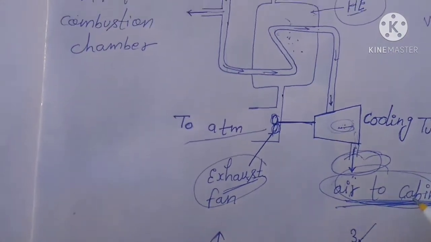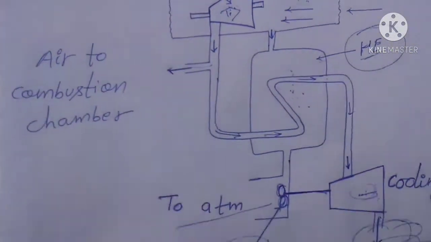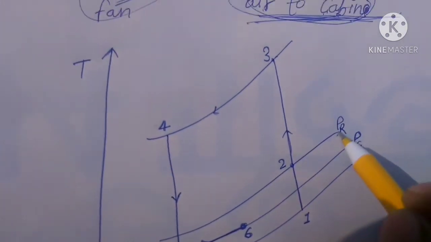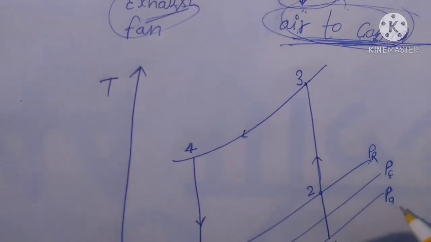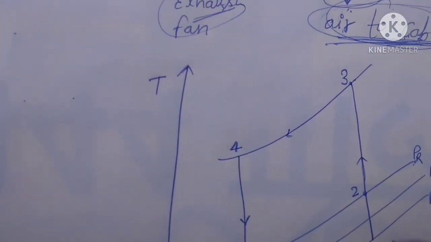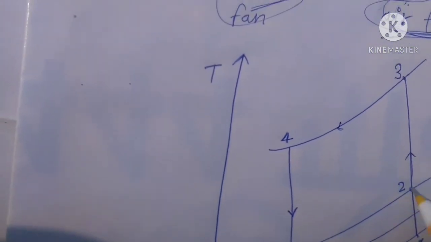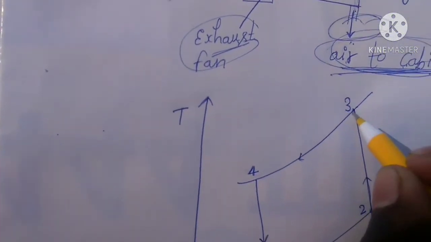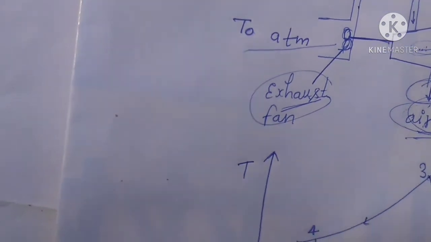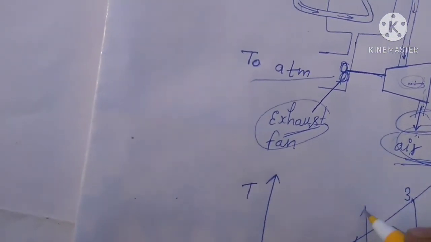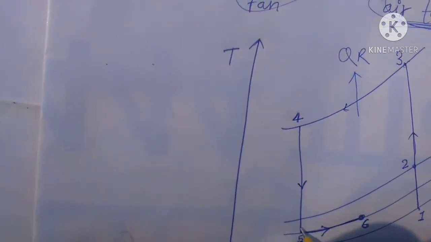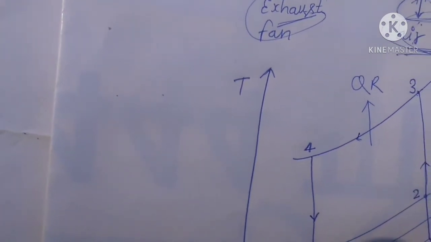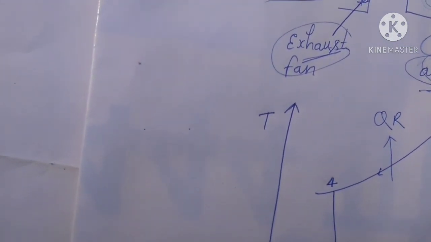Line 1 to 2 is ram compression, 2 to 3 is isentropic compression in the compressor, 3 to 4 is heat rejection, that is Q rejected, then 4 to 5 is turbine work, and 5 to 6 is heat addition.